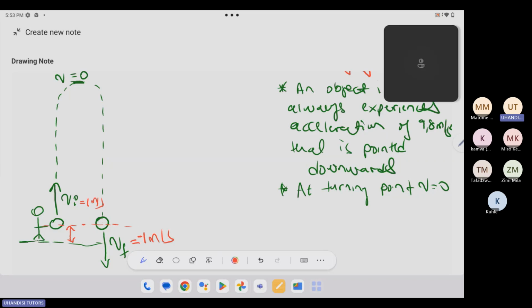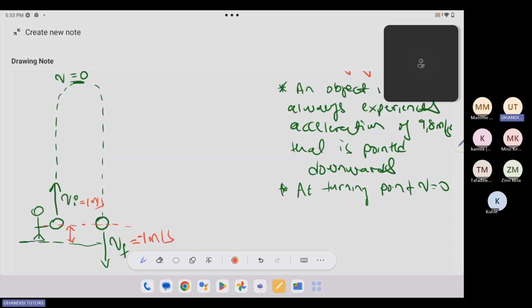Do you guys understand that? That is a keyword. That is very key in projectile motion. Just understand that the initial velocity is equal to the final velocity vector, but the final velocity vector is pointed in the opposite direction. But the question is, why is it that this velocity is the same as that?